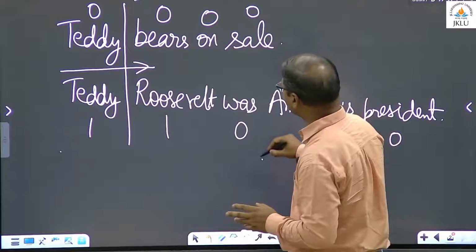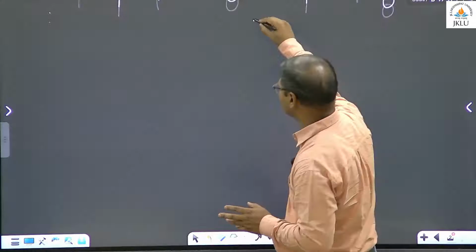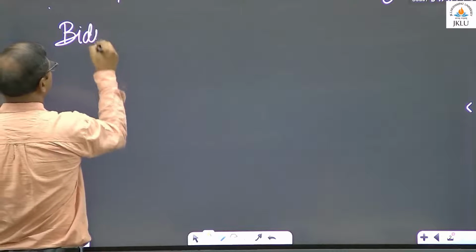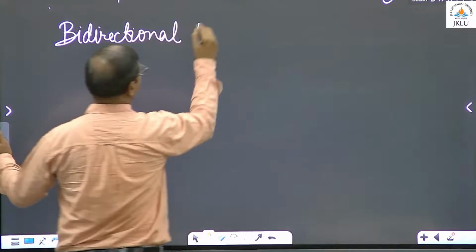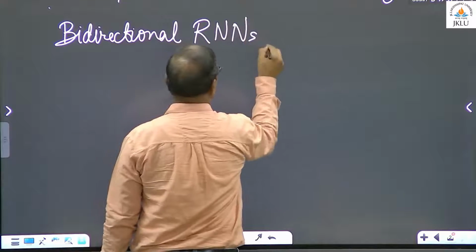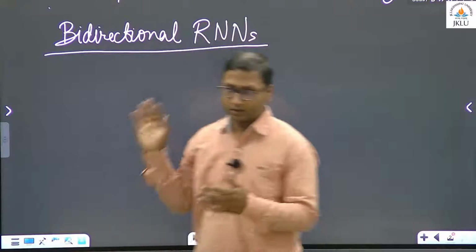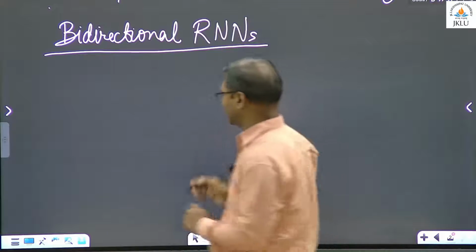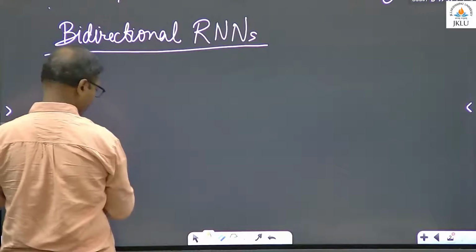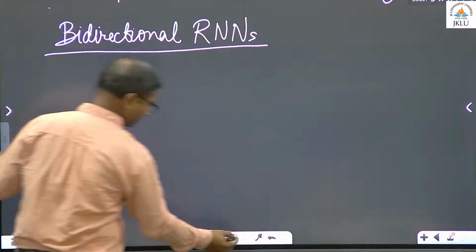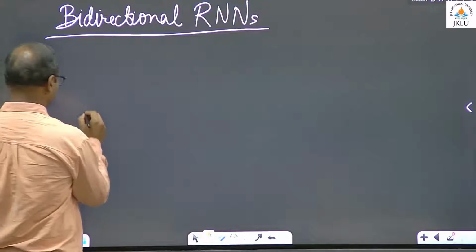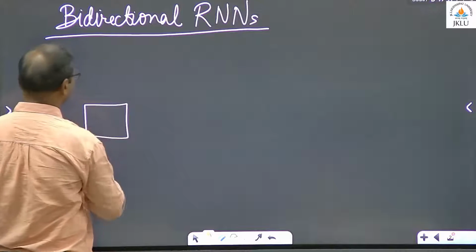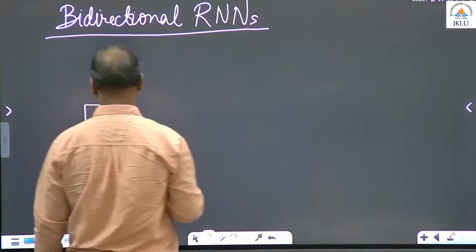So nothing special. What we will do here is we will simply make this particular RNN bidirectional. Now, how will you make it? So, let's say this is my RNN.